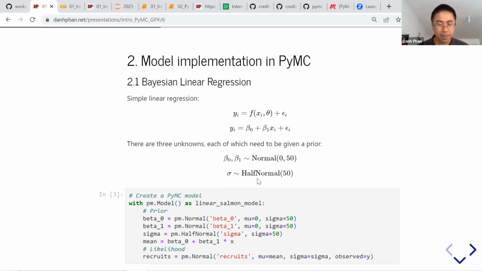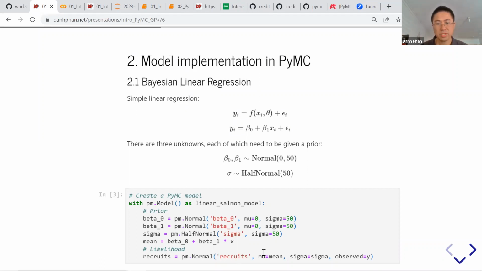We use this one, and as mentioned, in a PyMC model we just need to specify the priors. Here we have beta 0, beta 1 and sigma, and then we define the likelihood.